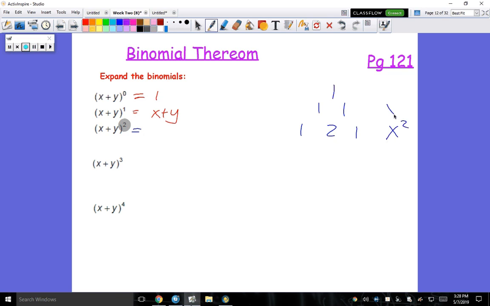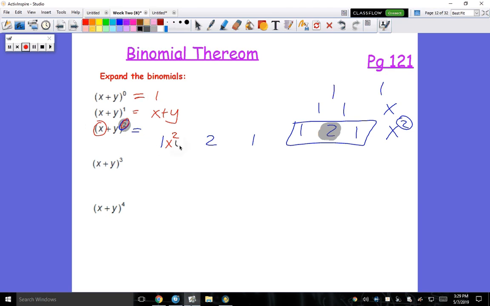This is squared, this is linear, and this is a constant of 1. So we want this one right here, because this is 2. And remember, the second term in each one of the lines will tell you the power of that polynomial. Here's the pattern. I'm going to start with 1, 2, 1. Then I look at the first term, and I say x to the power of 2.